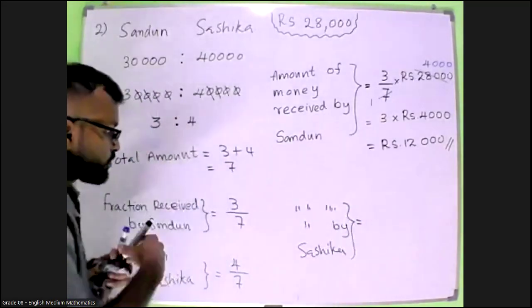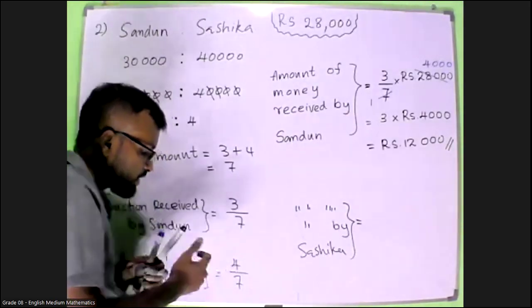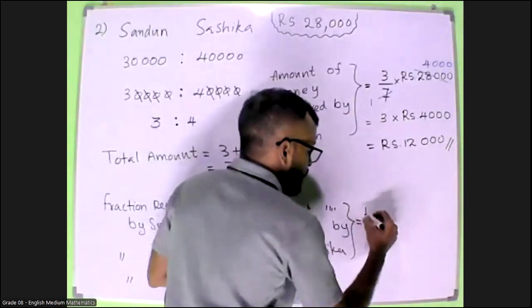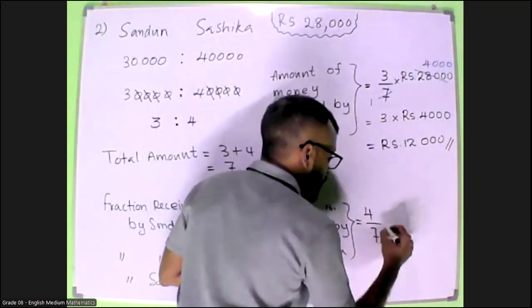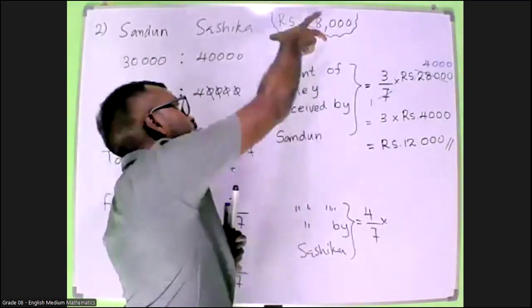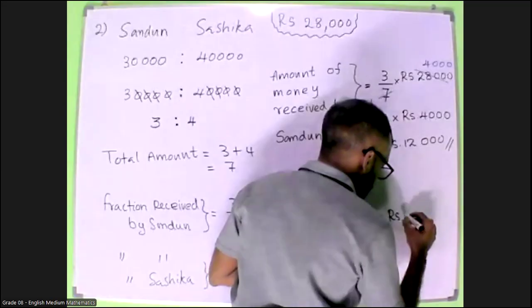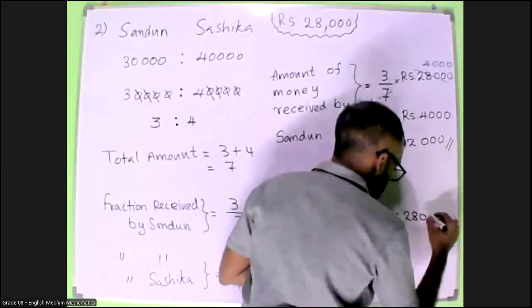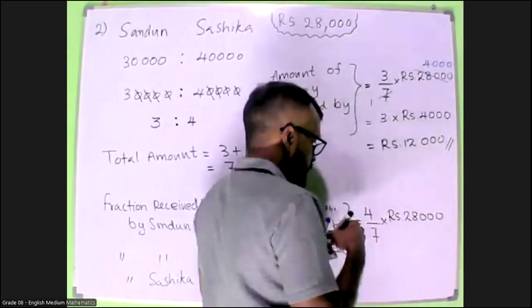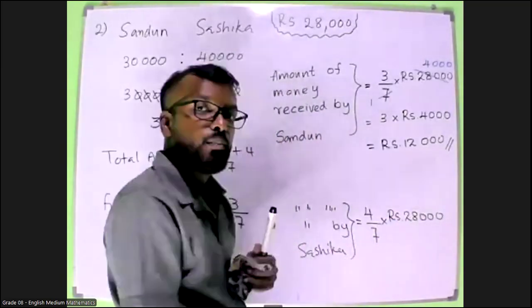What is the part received by Sashika? What is the fraction received by Sashika? 4 upon 7. Okay. And what is the total amount of money we have? 28,000. So like previously, 28,000 can be divided by 7.